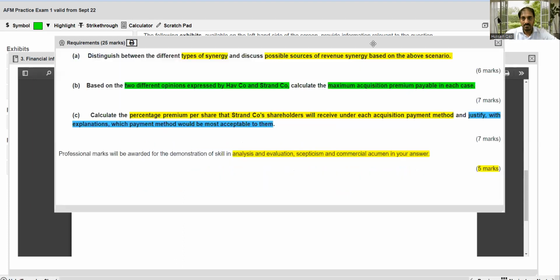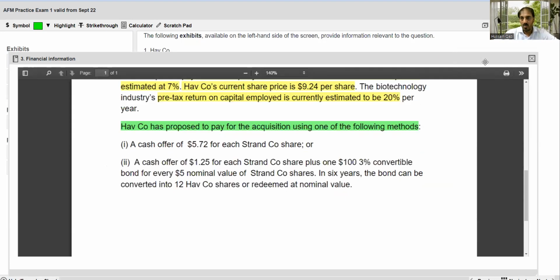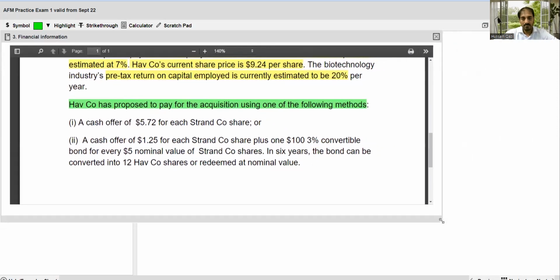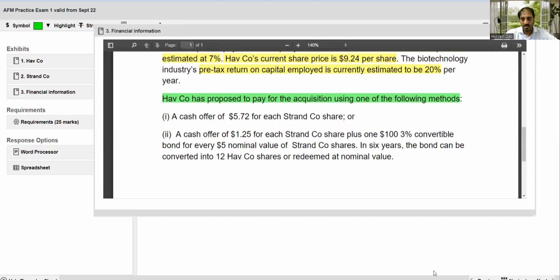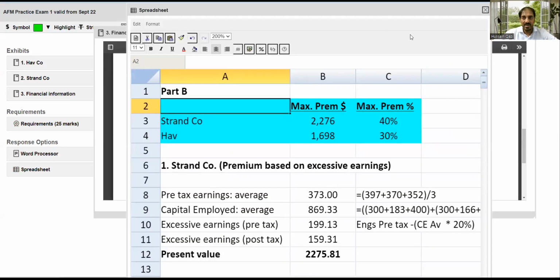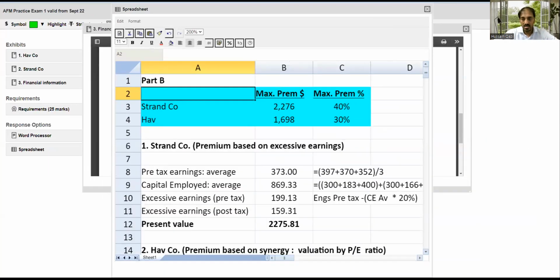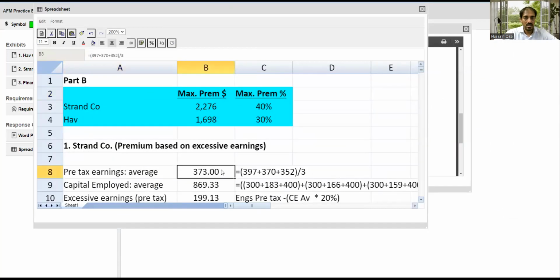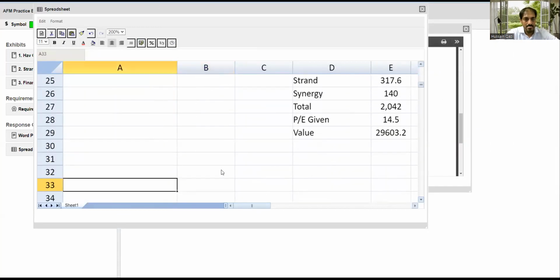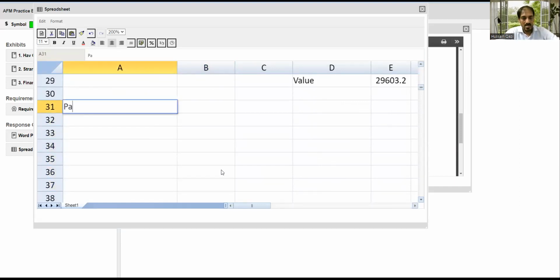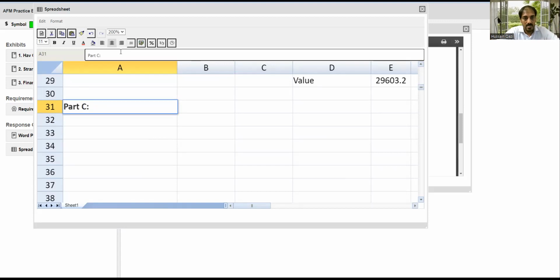That's part B. Part C: premium percentage with the viewpoint of the target company.